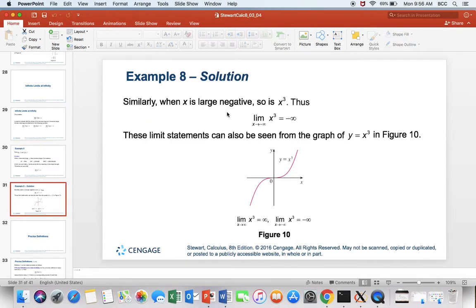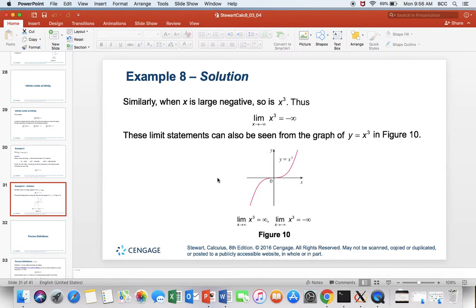Okay. Likewise, you can look at the negative. When x approaches negative infinity, limit of x cubed is actually negative infinity. You can see that using your graph of x cubed. On the right, it's going up. On the left, it's going down. So when x approaches positive infinity, your value approaches positive infinity.